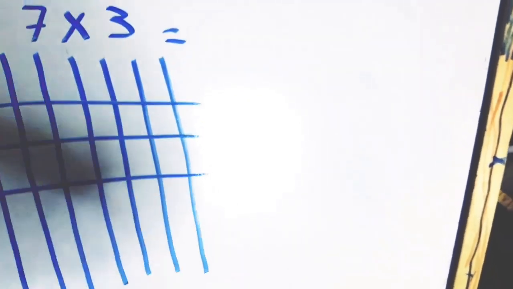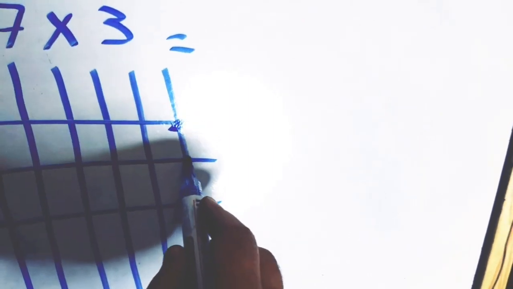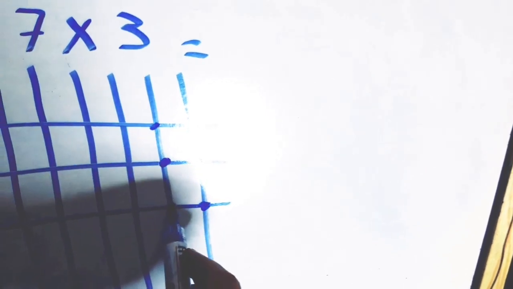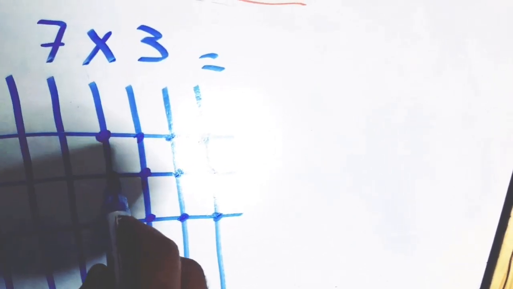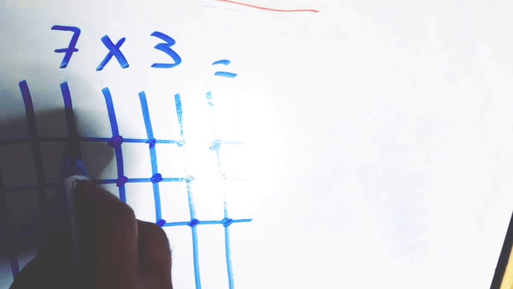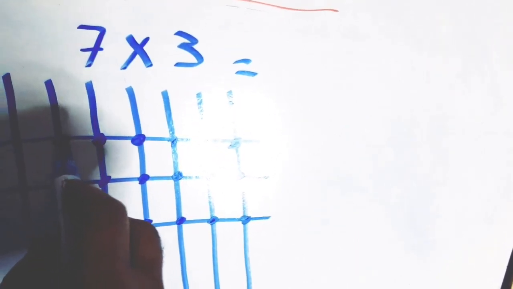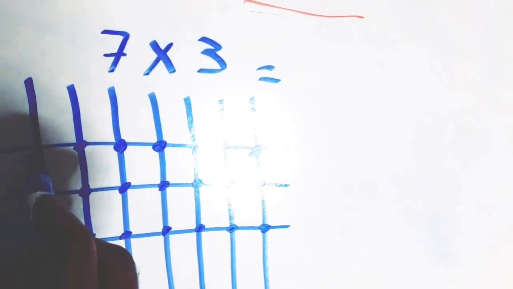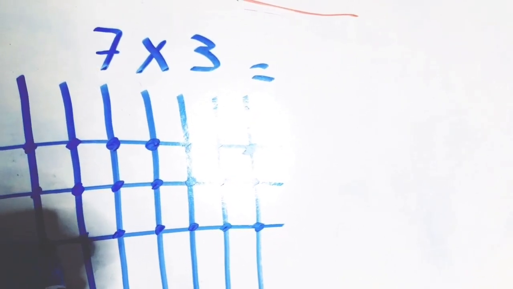Then we place the dots. Dot, dot, dot, until we finish putting all the dots. It's a very good method for students who wanna memorize multiplication table in a new and a different way.